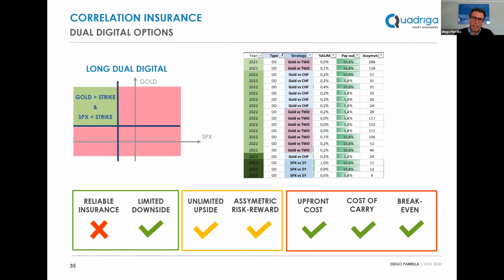So in that sense, we have accumulated insurance, gold versus Taiwan dollar, versus Swiss franc as a proxy to euro, and others that are currently worth very little. You see in the table how much we have at risk. In some cases, 0.0% of the portfolio. You would need a meaningful gold up move and a not so large move down in the Taiwan dollar.